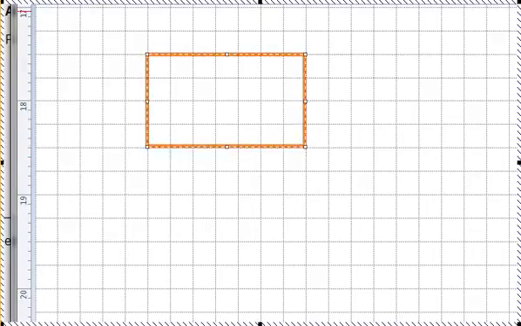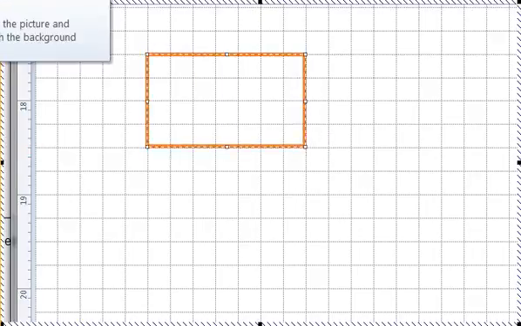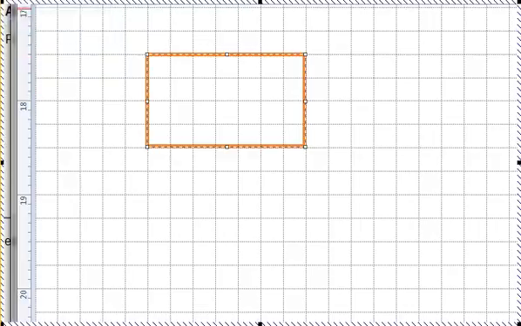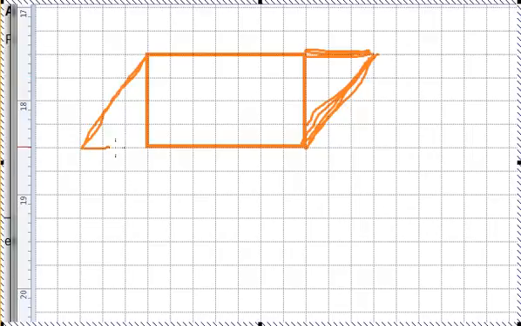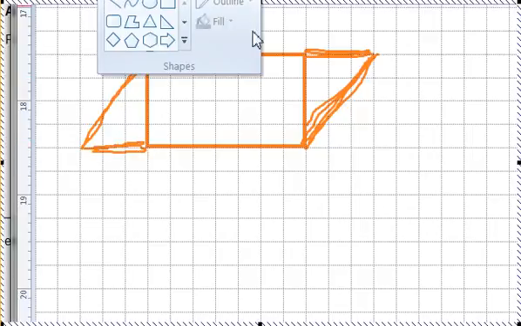And then you tack on two little triangles. One that looks like this, maybe. Oops. And one that looks like this. Actually, I can make that better.